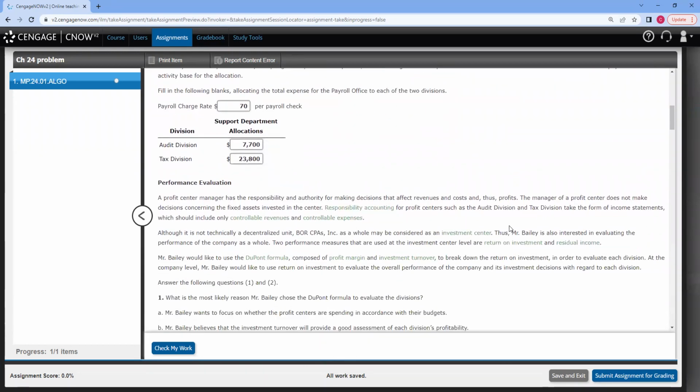So now as we're looking to evaluate performance, we know if these are profit centers that we're not going to hold them responsible for how our assets are allocated because they don't have responsibility for those as a profit center. Now it does say right here that the company as a whole may be considered an investment center, in which case we would look at how they're using those assets to generate income and to generate revenues.